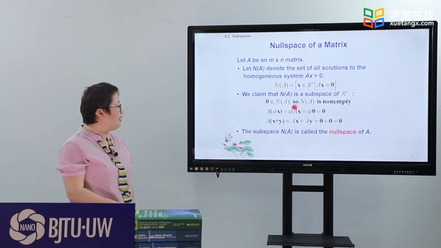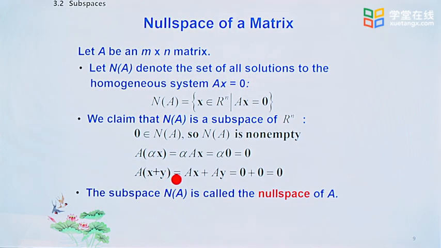We can also check the addition. If x and y are vectors in the null space of A, then you can compute A times (x plus y), which equals Ax plus Ay by matrix multiplication, which equals 0 plus 0 equals 0.